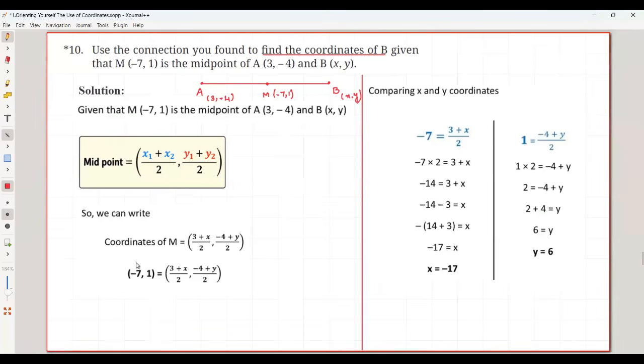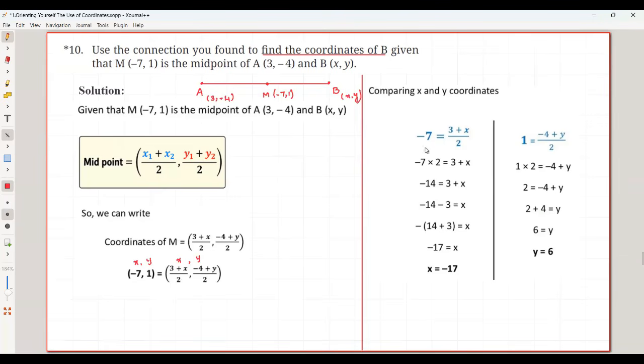Just compare these two, A and B. Now compare the x coordinate separately and the y coordinate separately. Compare the x coordinate, minus 7, with 3 plus x by 2, and we will get the x value. Compare the y coordinate with the y coordinate and we will get the y value.